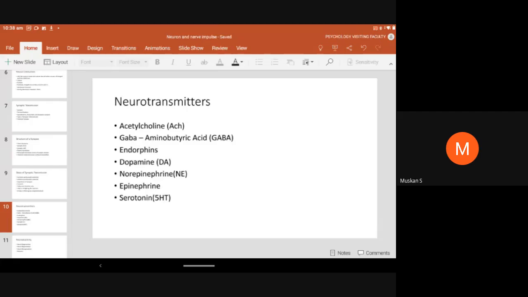So the dopamine hypothesis of schizophrenia states that schizophrenia is caused due to excess activity at dopamine synapses. Mind it, this is a very important line: the excess activity at dopamine synapses in certain brain areas.